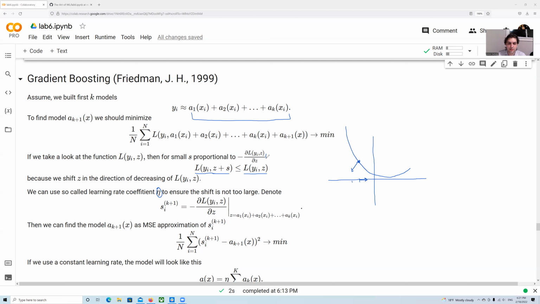If we scale this anti-gradient by a factor smaller than 1, then we can get more guarantee that we will not go far over the minimum of this function. So let's try to find the next model, model k plus 1.